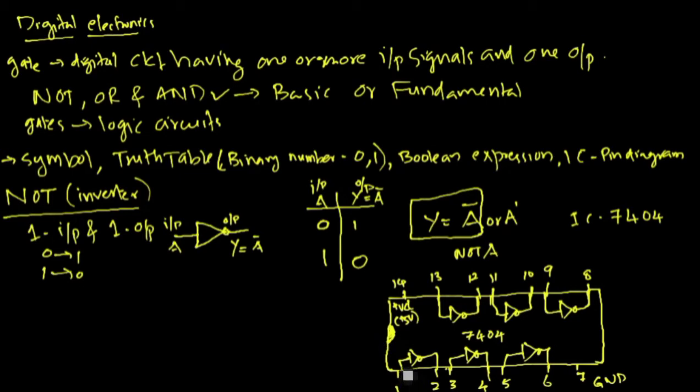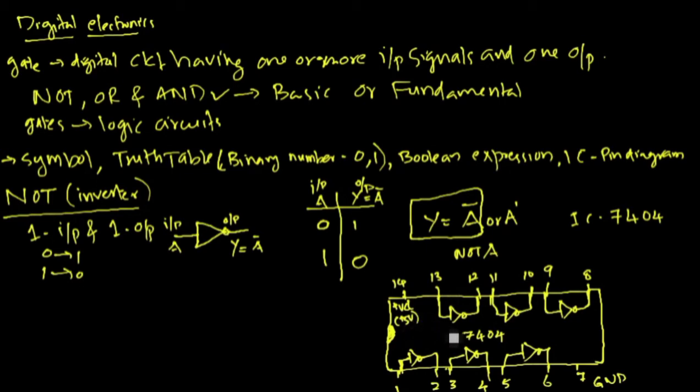Then the bottom pins starting from the left are 1, 2, 3, etc. up to 7, and on the other end, the top, from right to left you have the pin numbers 8, 9, 10, etc. up to 14. Out of this, pin 7 is the ground terminal and pin 14 is the plus VCC.